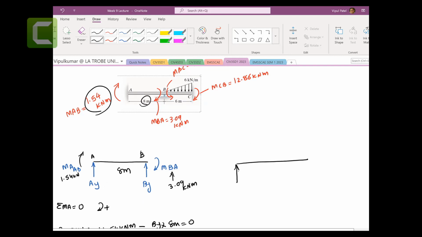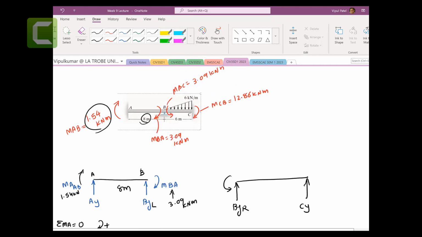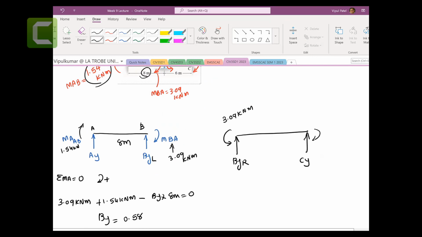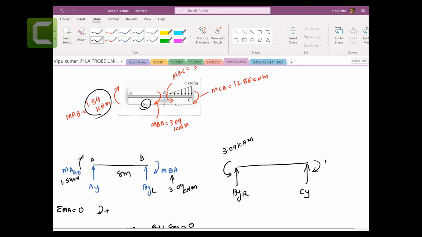Here, BY. So this is the left side, let's say this is the right side. And then CY, the moment going this side like this, which is 3.09 kilonewton meters. That is anti-clockwise, negative. And this is clockwise, and this one is 12.86 kilonewton meters.